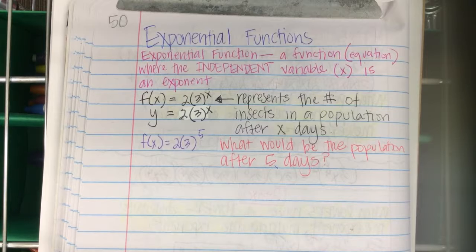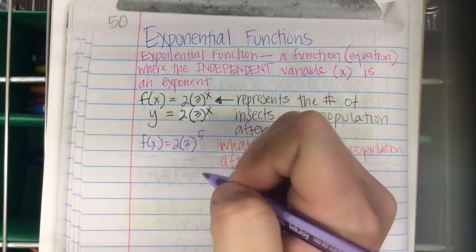You could do this mentally, or what could you use to help you? A calculator. Three to the 5th. 3 times 3 is 9. 9 times 9, 81. Times 3 is 243?